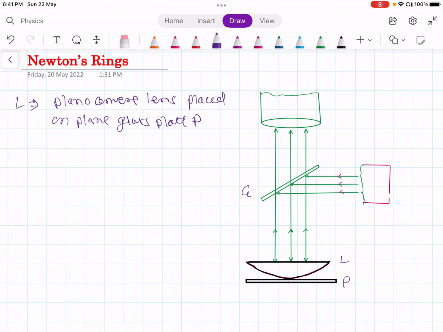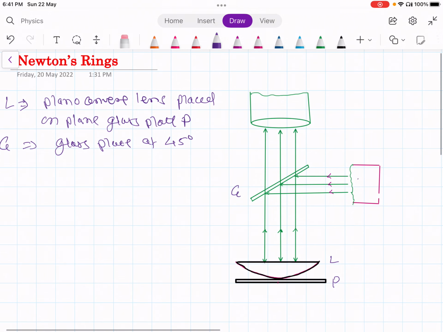This G is another glass plate. It is a glass plate kept at a 45-degree angle with respect to the source. This is the source of light.